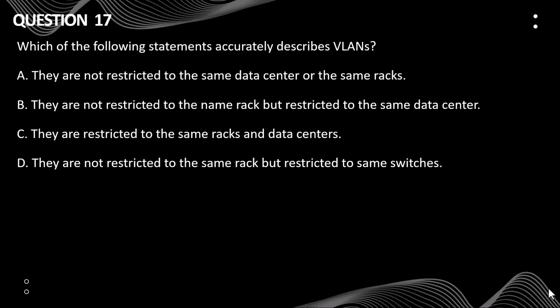First of all, a VLAN is used to logically segment a single physical network into multiple separate networks, and this enables devices in different physical locations to be grouped together in the same logical network irrespective of their physical placements. So, taking a look at the options, the statement that accurately describes a VLAN is option A. The VLAN is not restricted to the same data center or the same racks.